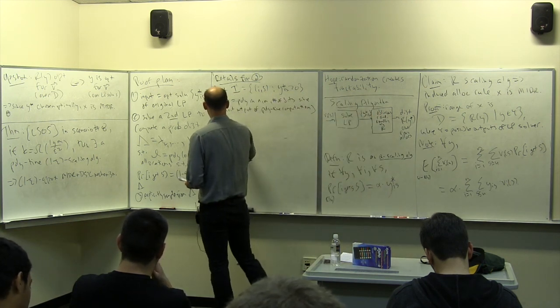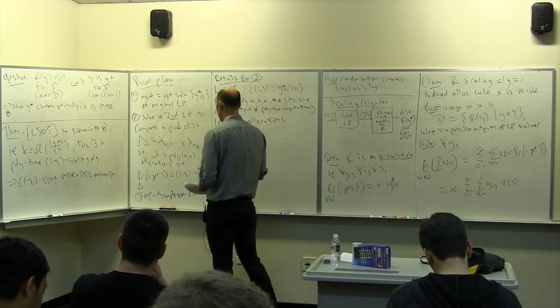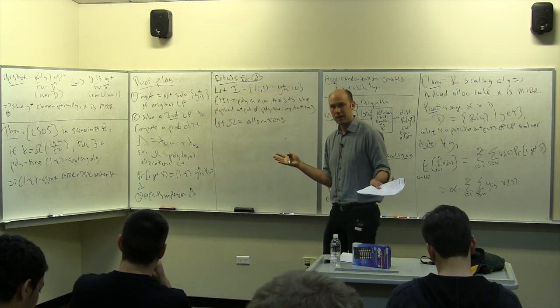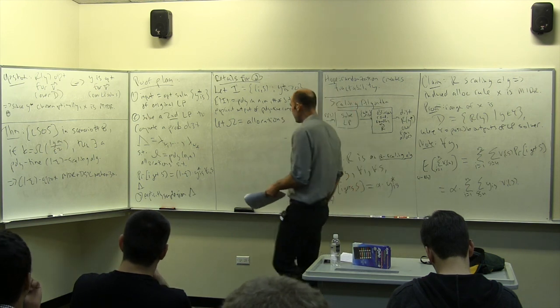So, notation. Let omega be, as usual, all possible allocations. Remember, we're searching for a distribution over allocations. So the decision variables are just going to correspond to the probability mass on a given allocation.